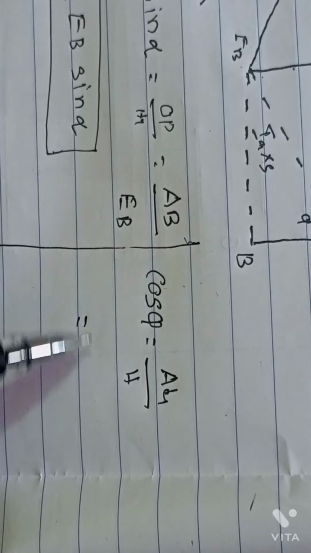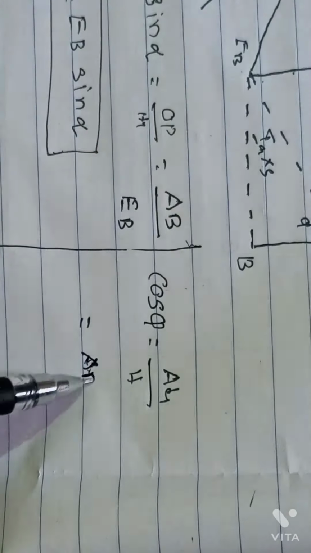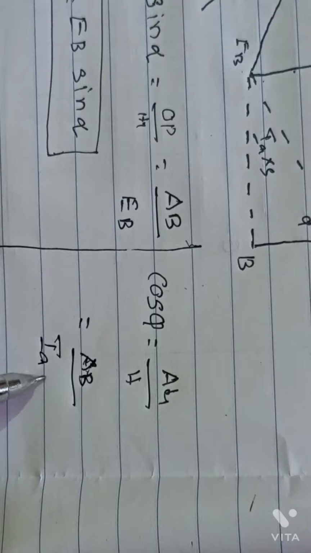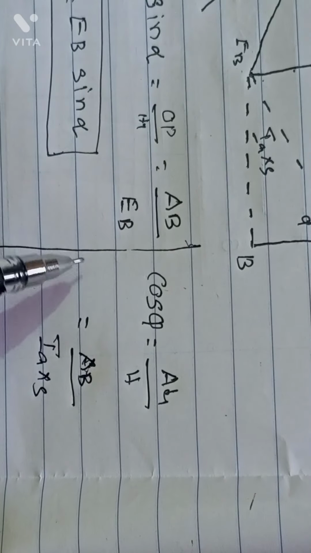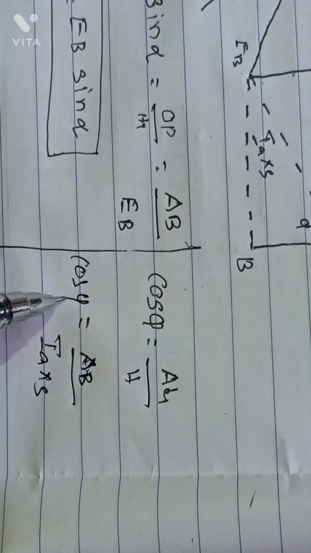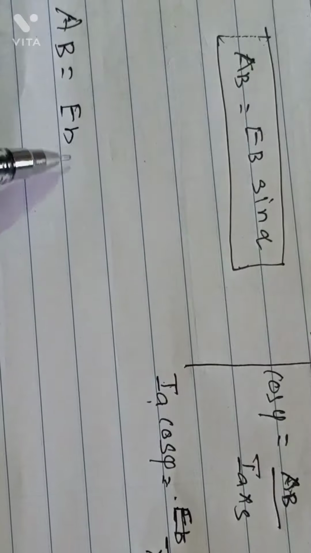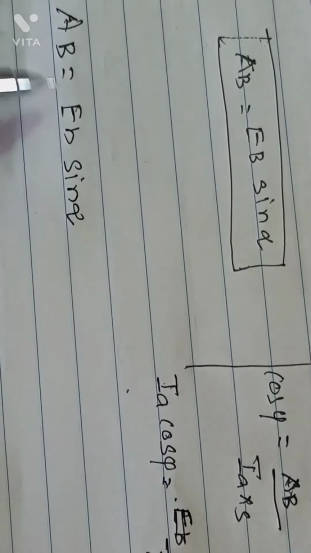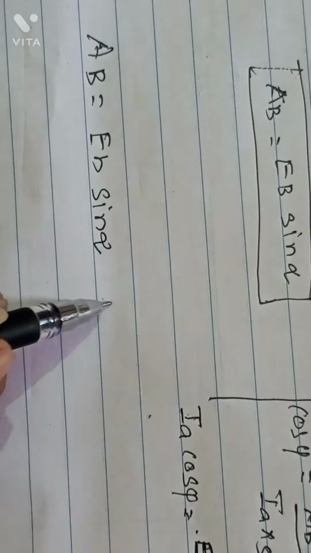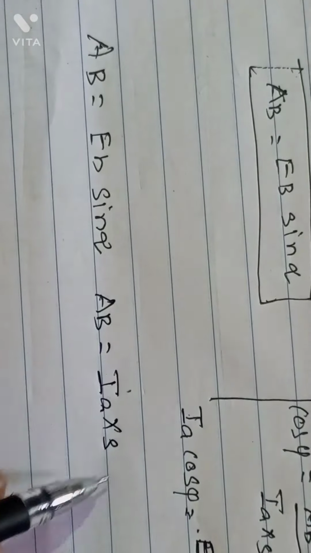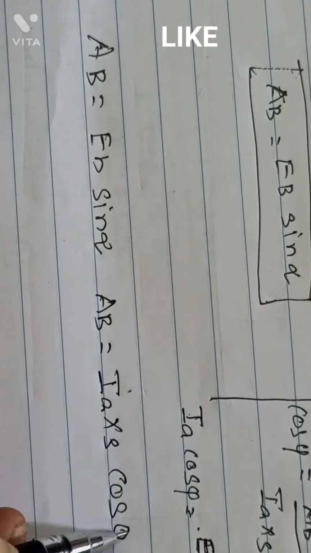Now see here. Adjacent side is AB divided by hypotenuse IA XS, equal to cos phi. Now in here the first term, AB is equal to EB sin alpha. The second term, AB is equal to IA XS into cos phi.